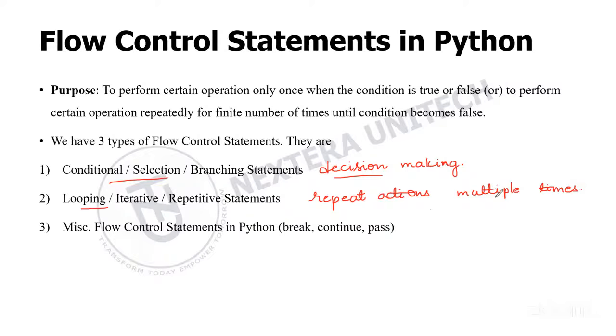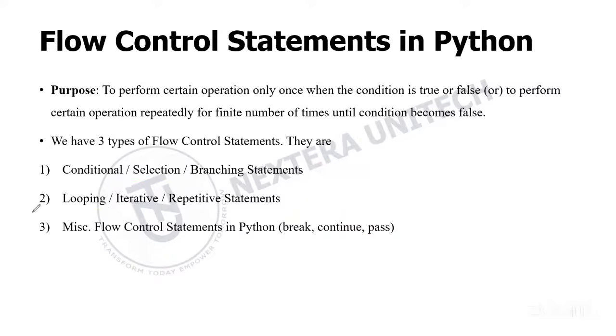And then we have miscellaneous flow control statements, which control the behavior inside loops. For example, we have break, continue, and pass. Today we are mainly going to focus on conditional statements.